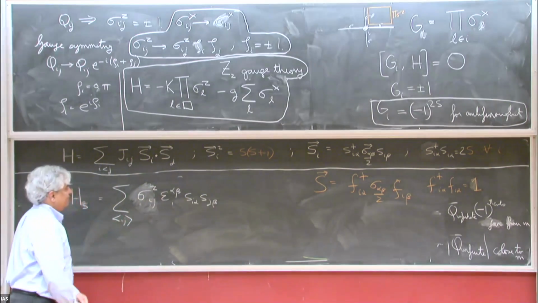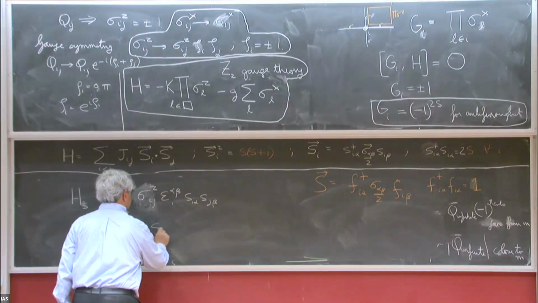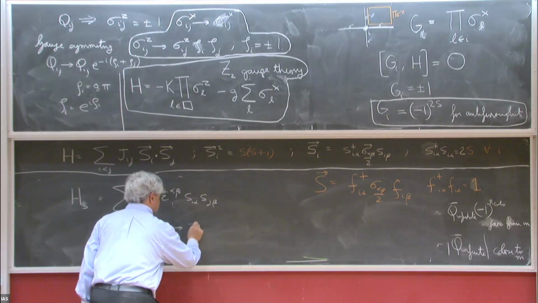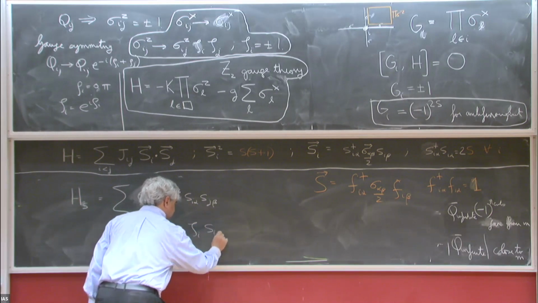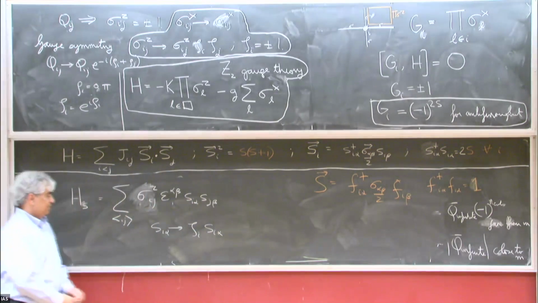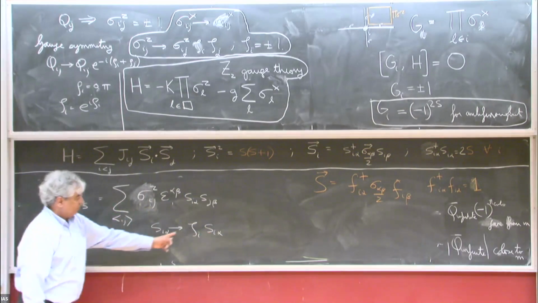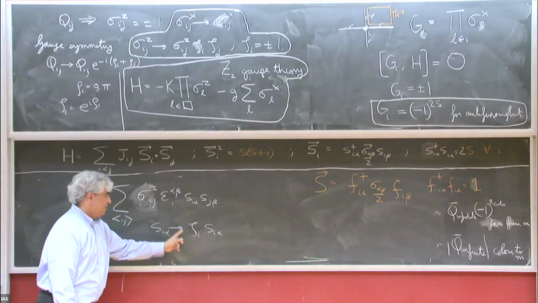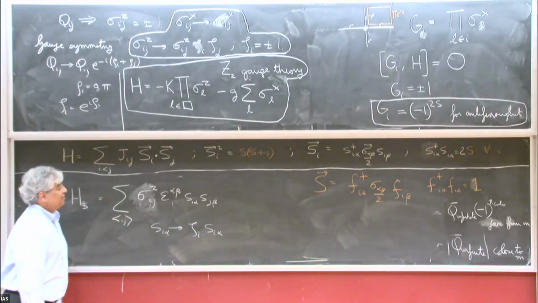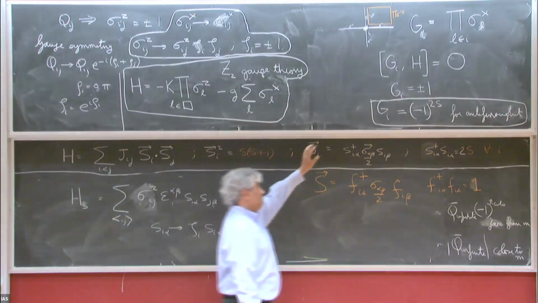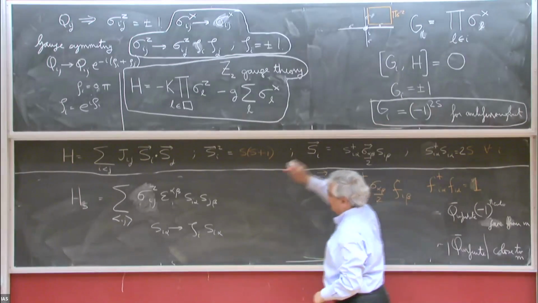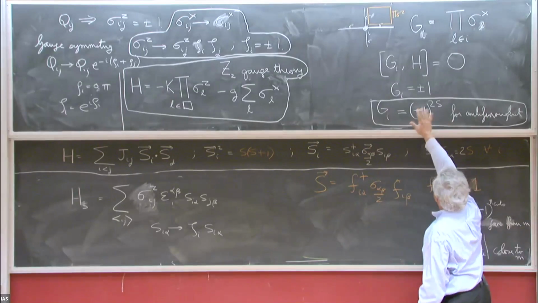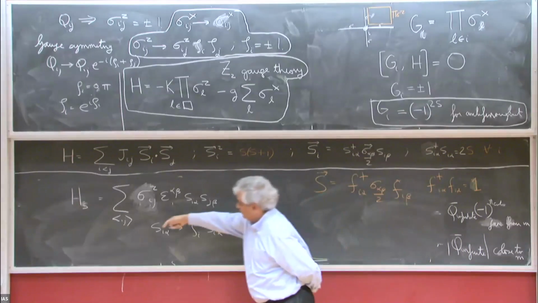Here we have it. And you also see from here that the S particles, S_i alpha, under a gauge transformation go to zeta_i times S_i alpha. This kind of field that has only one zeta transformation is called an electric charge. So the S particles carry an electric charge of zeta_i. If you want G to commute with this term, you have to add another factor in G, which does this rotation.